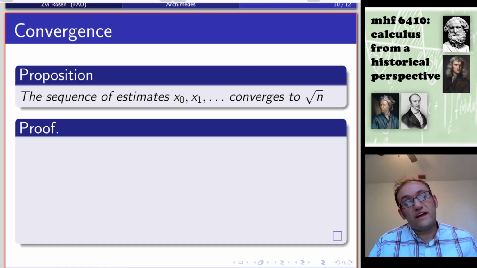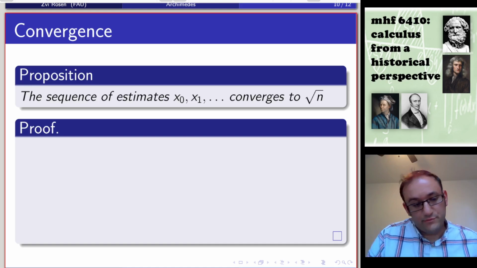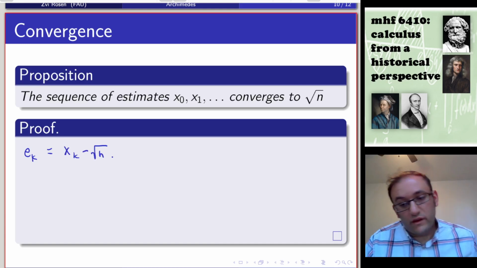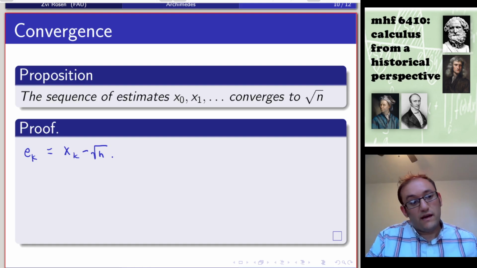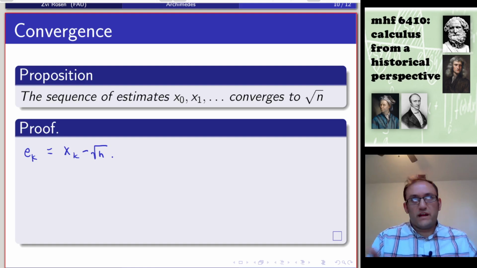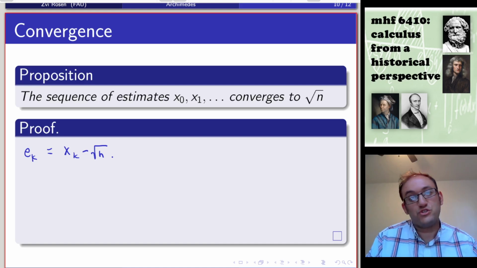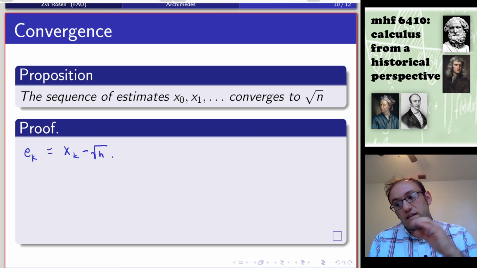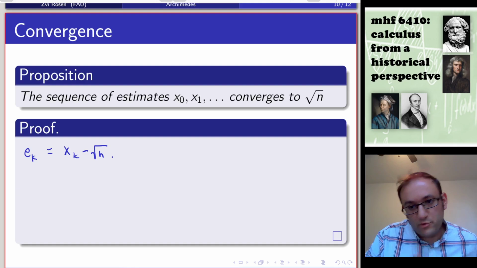Okay? And now we'll prove that the sequence of values converges to the true square root. And we're going to do that by talking about the error term. So we have e_k will be the error, x_k minus the square root of n. We're going to try to relate e_{k+1} to e_k and show that the sequence of errors is approaching 0, or is approaching 0 at a fast rate.